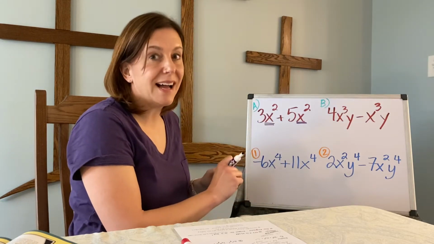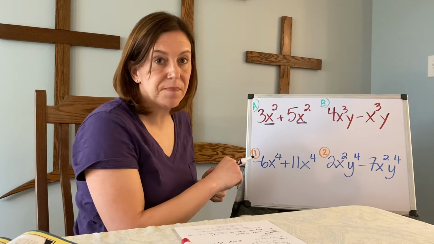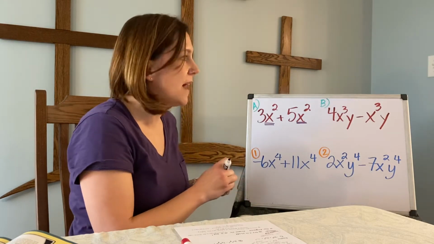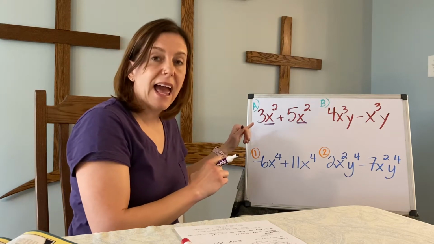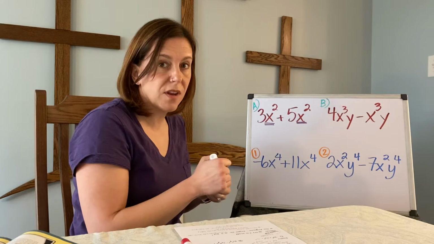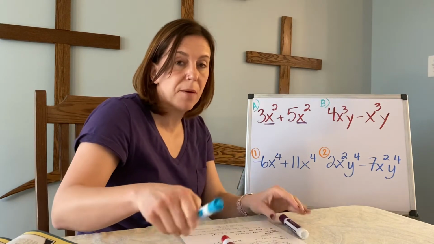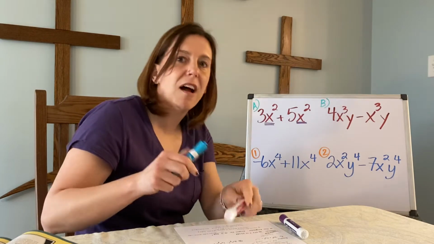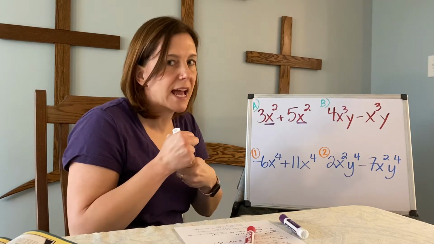That means I can, in fact, add them. We know from our years of experience with algebra that I add them by doing the math with the coefficients, another word that I've used a lot in our class before. Coefficients are the numbers in front of my variables and exponents.